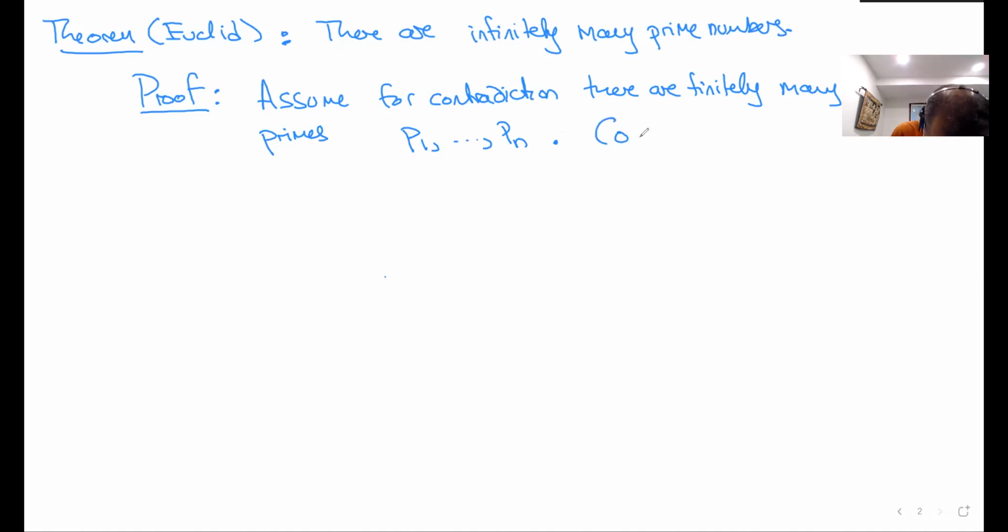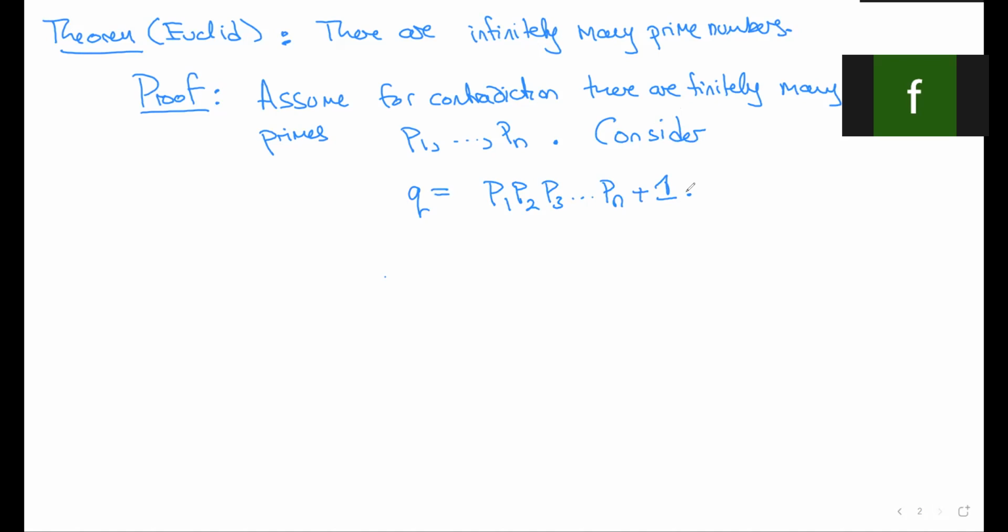The idea is to consider the number q equal to the product of all these numbers, p1, p2, p3, up to pn, plus 1. First of all, I claim that q is not prime. Why is q not prime? Because it's not in the list of p's.